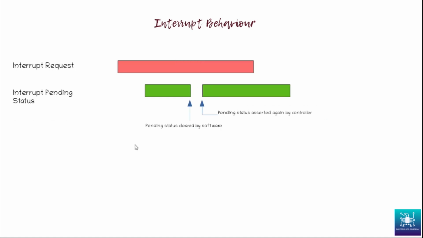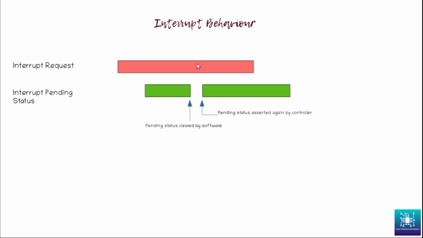Okay, so this is one behavior. The second behavior is, suppose you are making an interrupt request which is a level triggered interrupt. So you have asserted the interrupt for a longer duration of time, not a short one. The moment an interrupt is asserted, the hardware is going to raise the pending request. And we know that we can anytime disable the pending request. So say the user clears a pending request here.